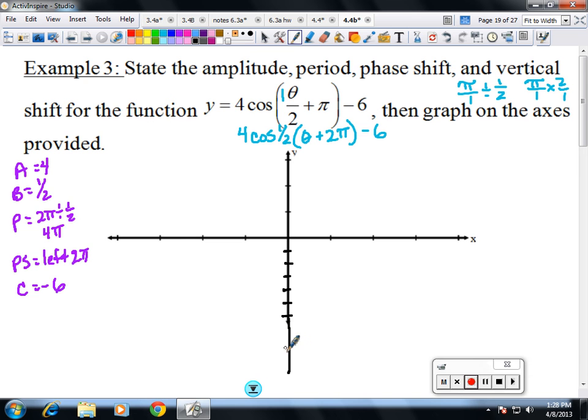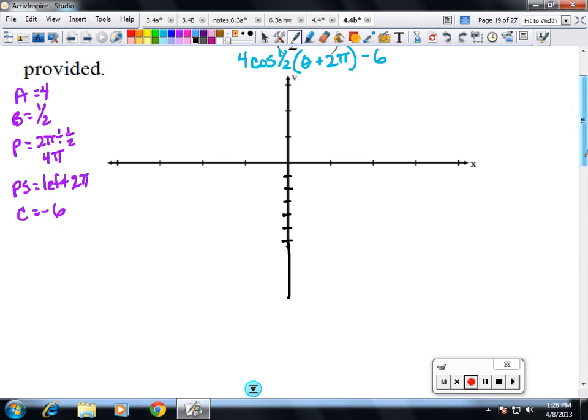So I'm really going to have to go 4 more. 1, 2, 3, 4. So 1, 2, 3, 4, 5, 6 is going to be my new x-axis here. Okay, I'm just going to pull my tick marks down.